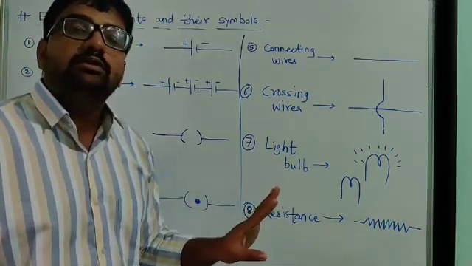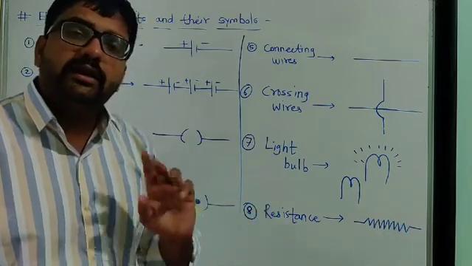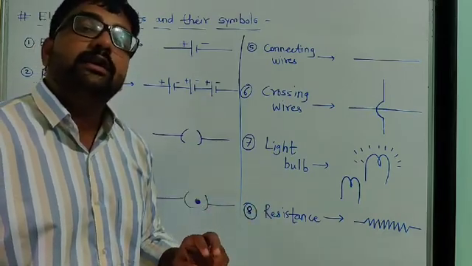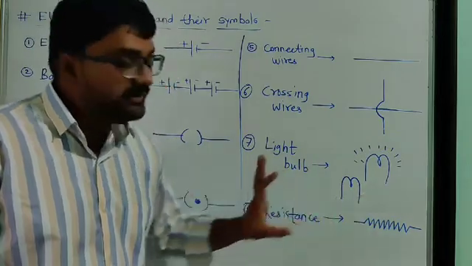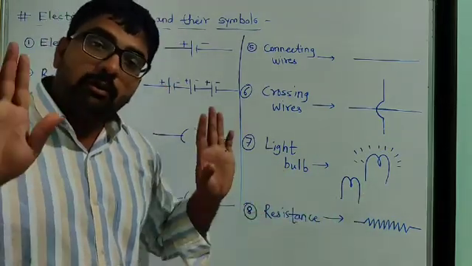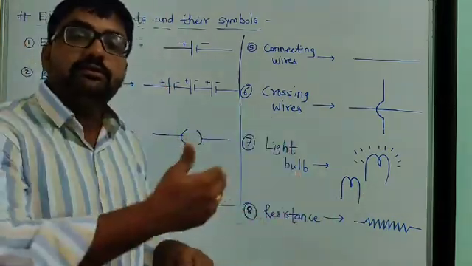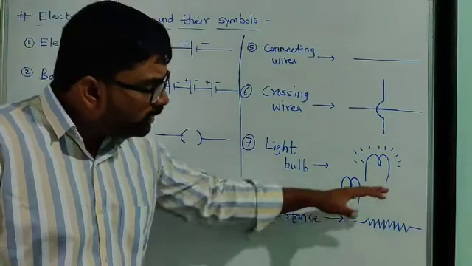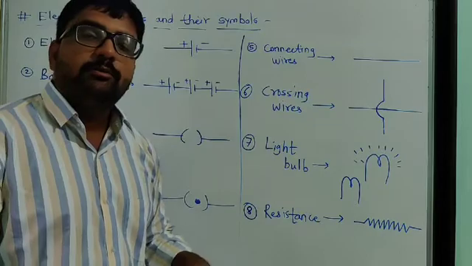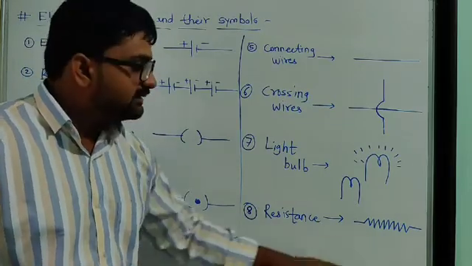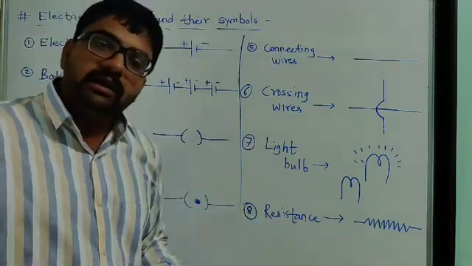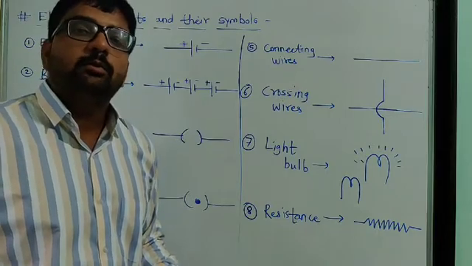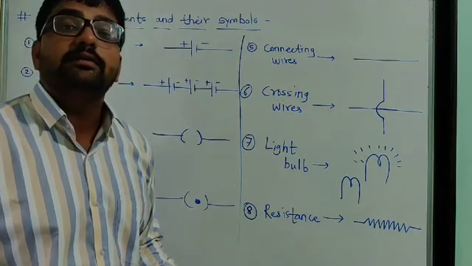If you want a very small electric current to flow through that circuit, then we have to use a very high resistance here. If the opposition is very high, then only a very small amount of electrons can flow. If very small resistance is applied, then a large number of electrons will flow, which means a large current will flow.